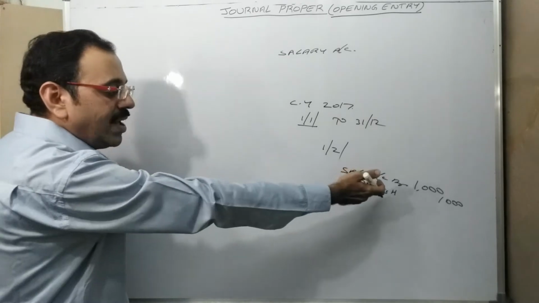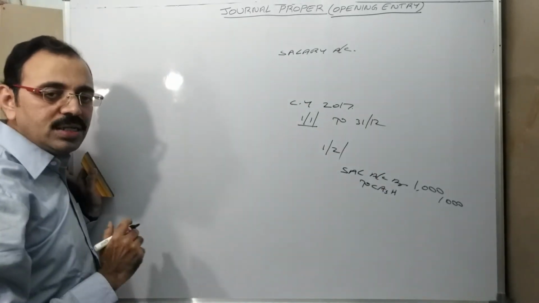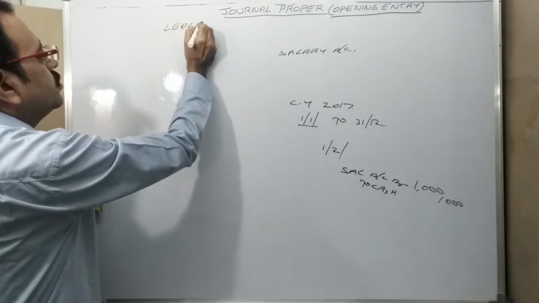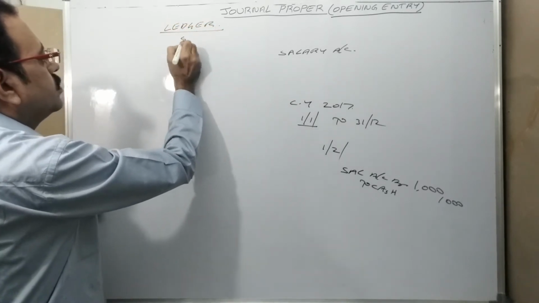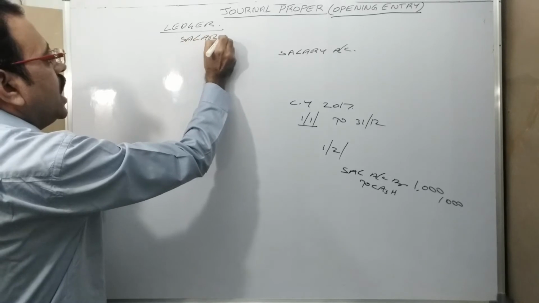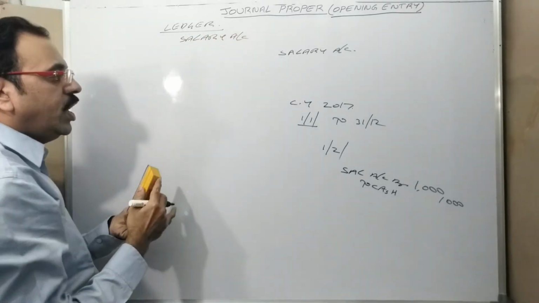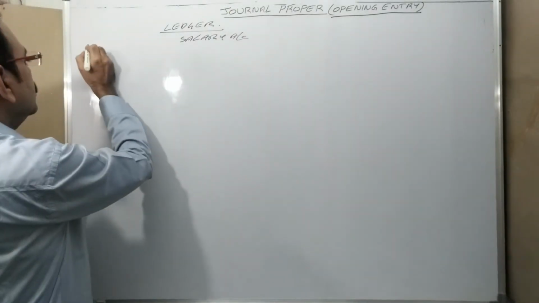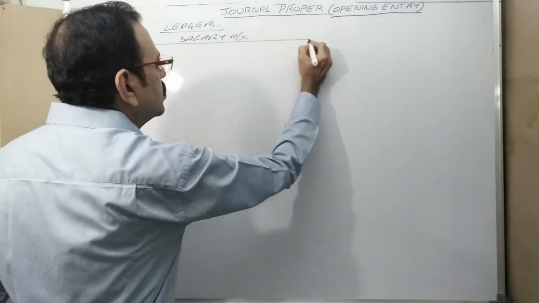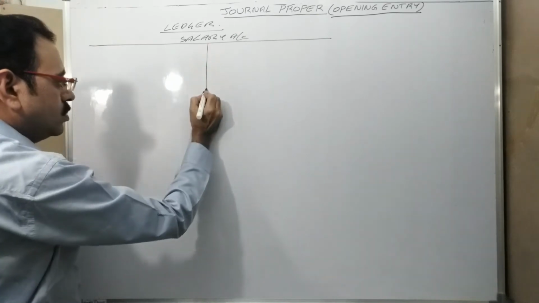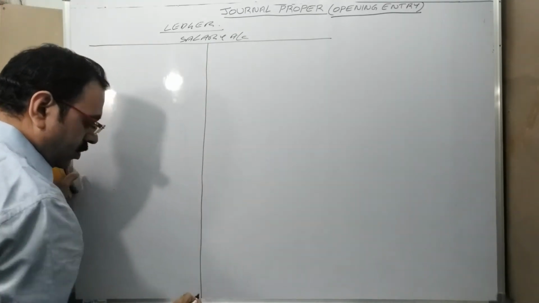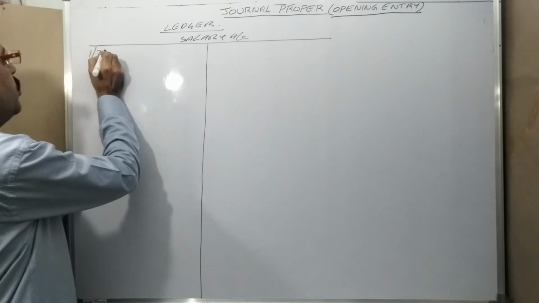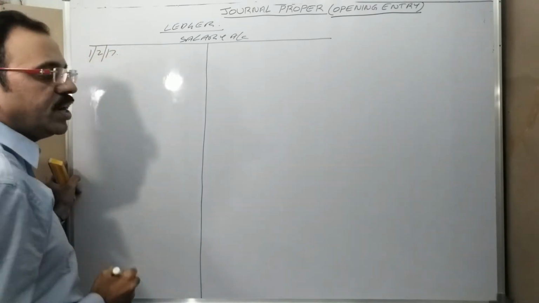How do we record this transaction in salary account? Let us observe. This is the ledger. Salary account we are preparing, a nominal account. When did we pay salary? On 1st February 2017.